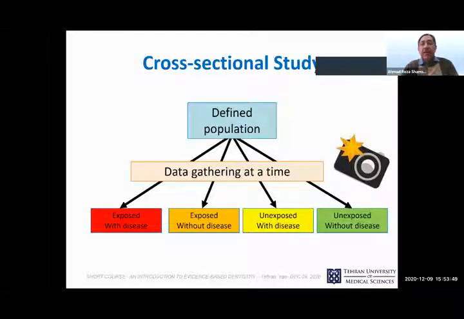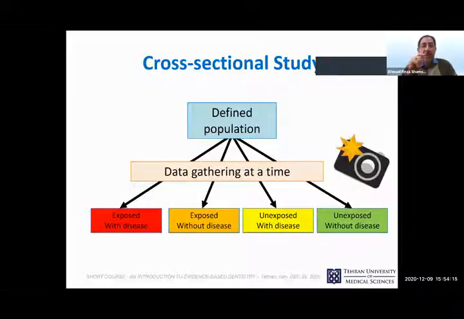In cross-sectional studies, we have a defined population and we get our study samples by defined eligibility criteria. And at one time, as a snapshot, we ask about both exposure and outcome.